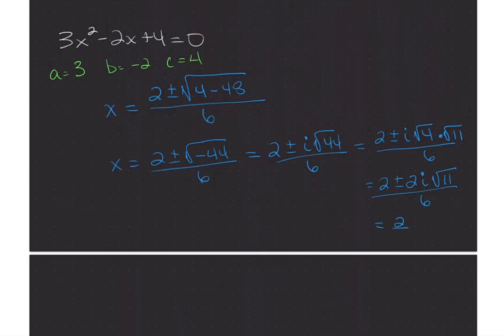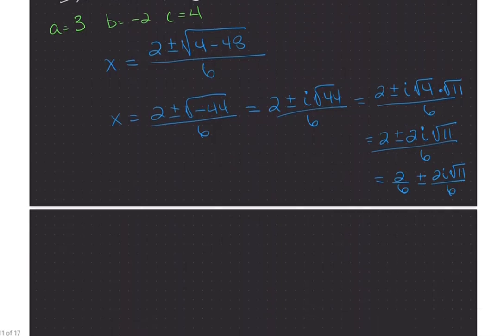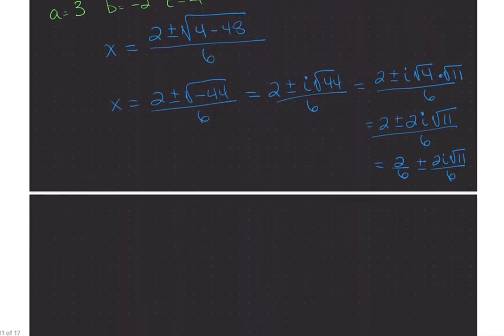So I'm going to have 2 over 6 plus or minus 2i times the square root of 11 over 6. 2 over 6 is going to reduce down to 1/3 plus or minus. That 2/6 is going to reduce down to 1/3 again, and then I'm going to have an i times the square root of 11. So there's my two imaginary solutions to that quadratic formula. How fancy!